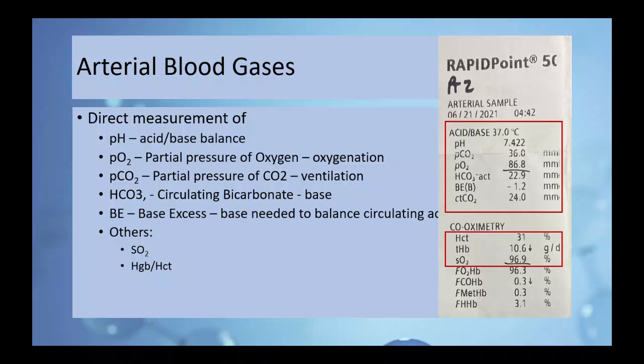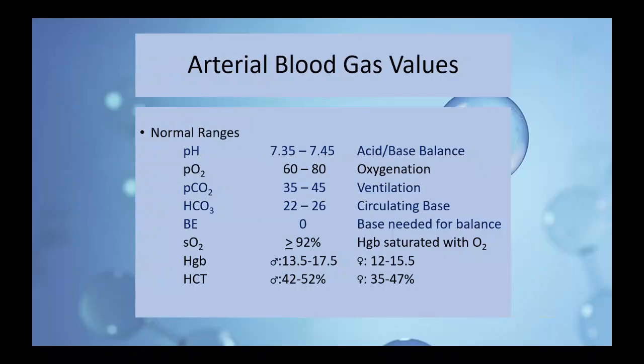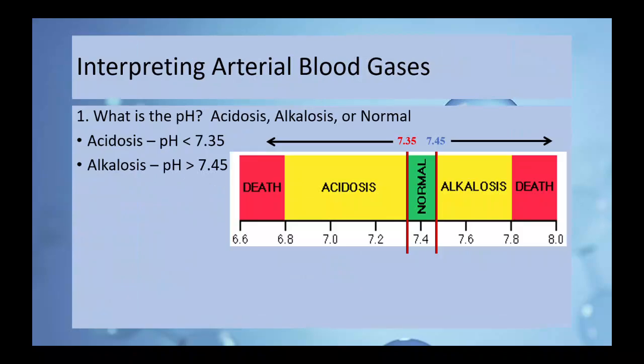They're not essential for interpreting whether the patient is in metabolic acidosis or alkalosis, or respiratory acidosis or alkalosis. This slide provides you the normal ranges. These are the ranges that just need to be memorized. Just commit these values to memory so that you can spontaneously know them.